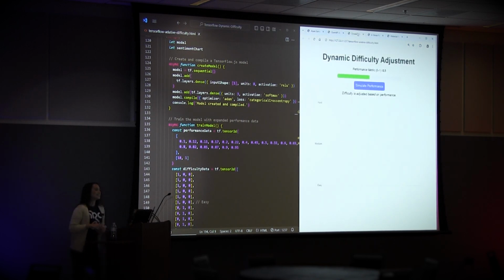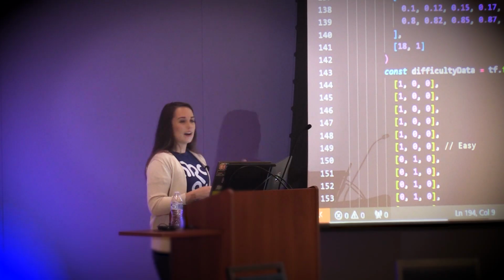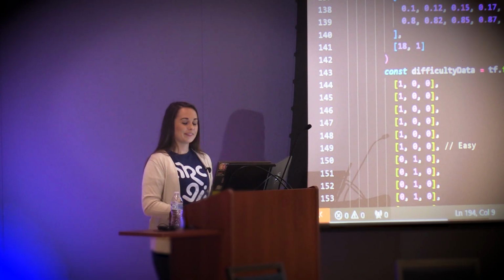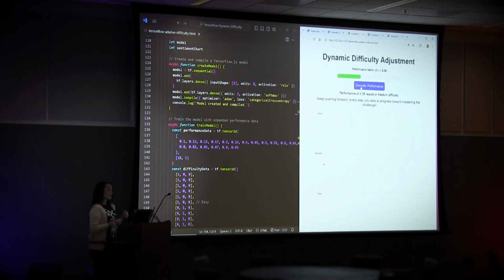Okay. All right, so when I click Simulate Performance, it's just going to give a value from 0 to 1, simulating how the user is performing, 0 being not very well, the worst, and 1 being doing very, very well. All right, so this first one, it says performance of 0.36 results in medium difficulty, which makes sense, tends more towards the middle. And then we've got this encouraging message here from OpenAI.